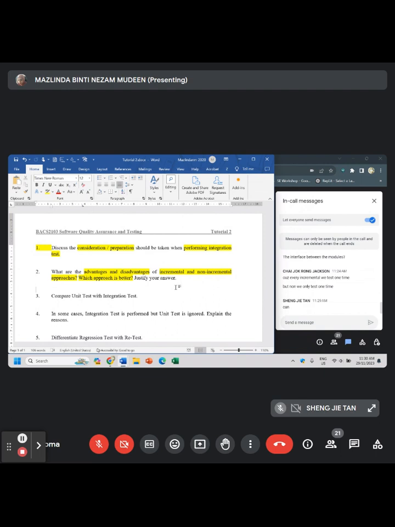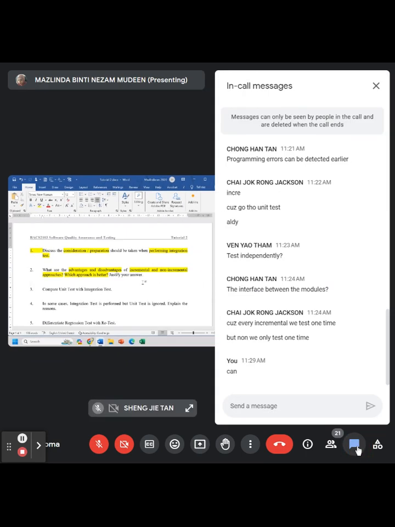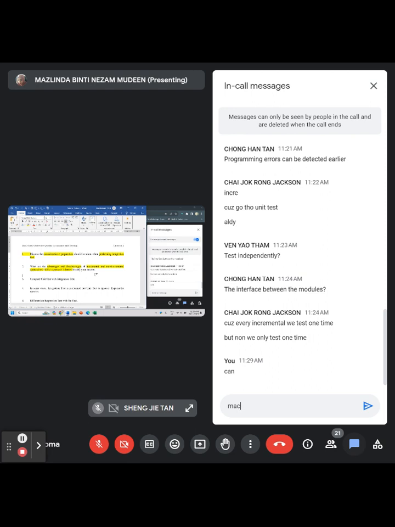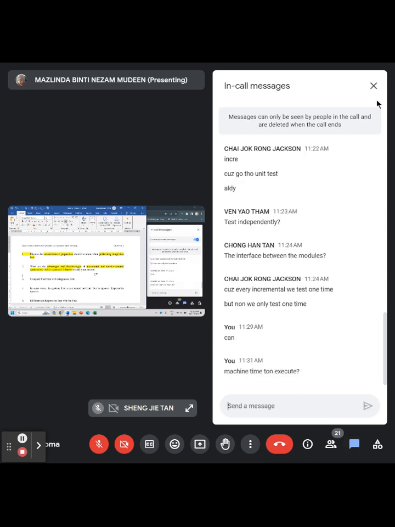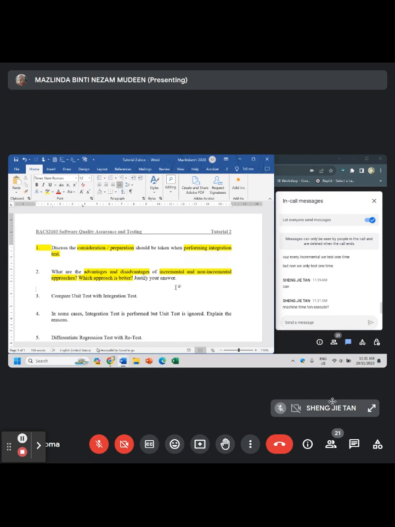What is the fourth point which we can use to compare these two approaches? We have discussed the number of drivers and stubs, the programming defect, and then the debugging process.